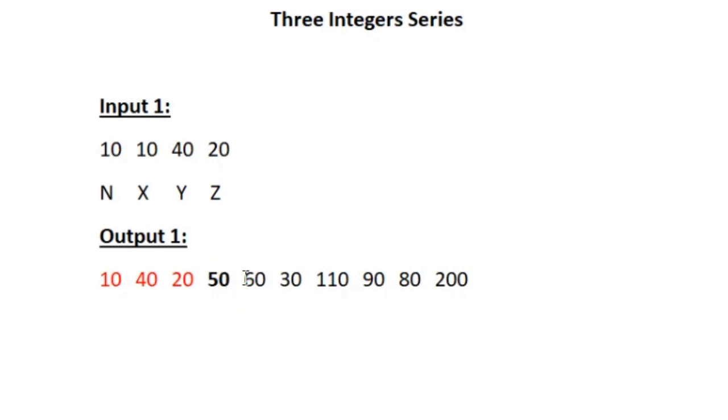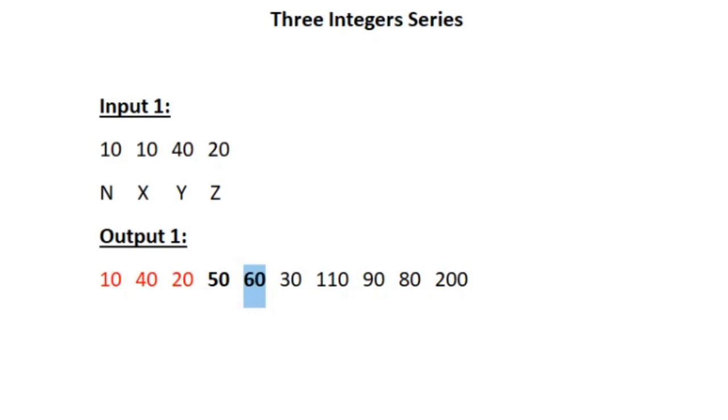Now the second integer of the next 3 integers will be the sum of the second and third integers of the previous 3 integers. The previous 3 integers are 10, 40, and 20, and the sum of the second and third is 40 plus 20, so it is 60.